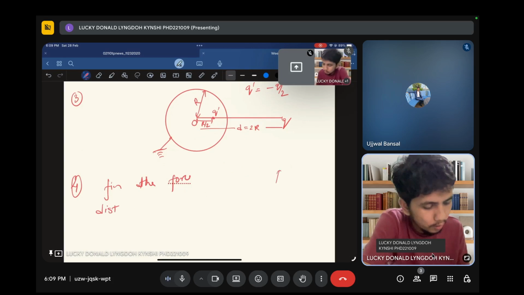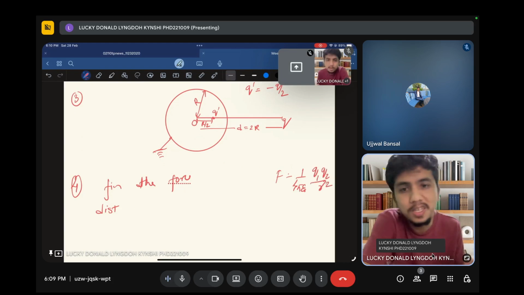This is Coulomb's law. F is equal to 1 by 4 pi epsilon, q1 q2 by r square, where r square is the distance between the charges q1 and q2.